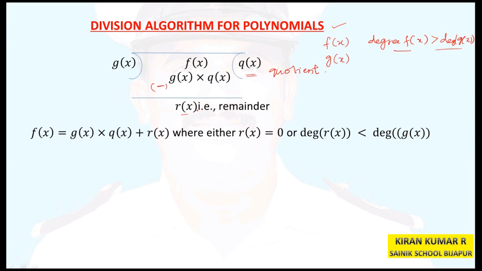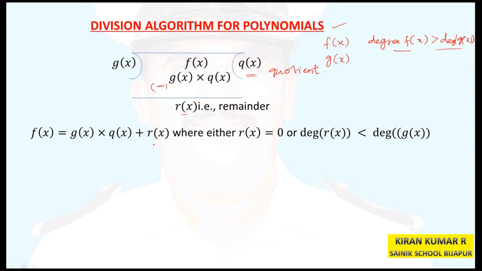We have learned the division algorithm in our previous chapter: dividend will be equal to divisor into quotient plus the remainder. The same concept is very much applicable for polynomials also. f of x will be g of x into q of x, which is divisor into quotient, plus the remainder.